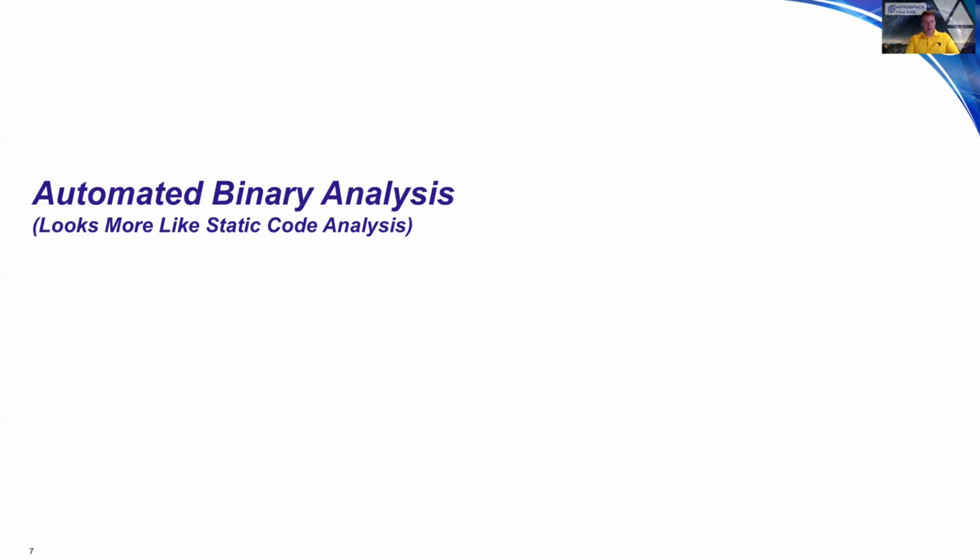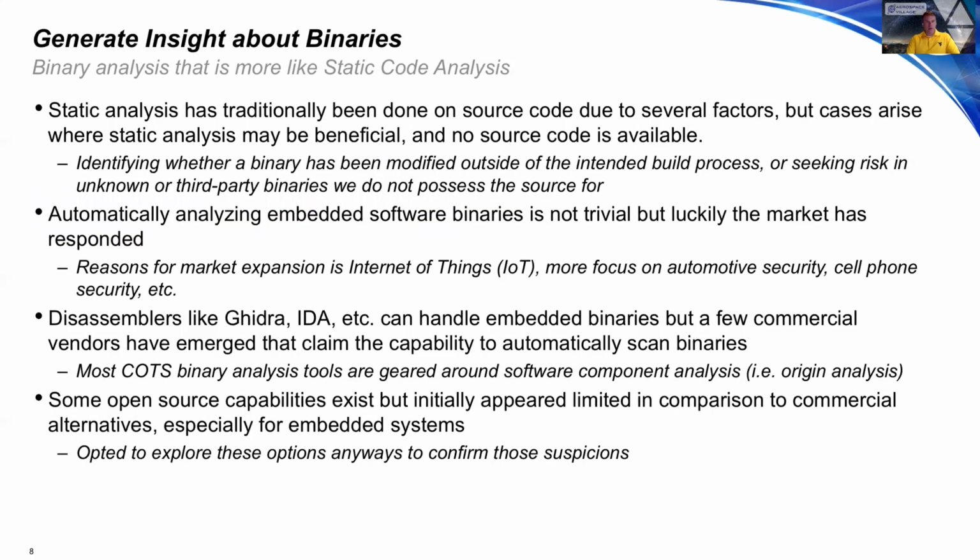So let's jump right into some of the results. We're looking at automated binary analysis that really resembles static code analysis. To generate insight about binaries, in the past you would analyze the source code, and that's obviously not possible when you don't have the source code.